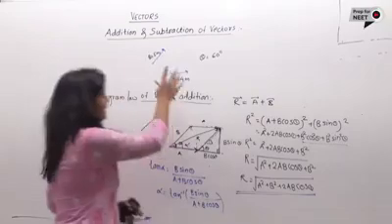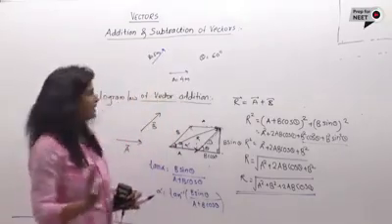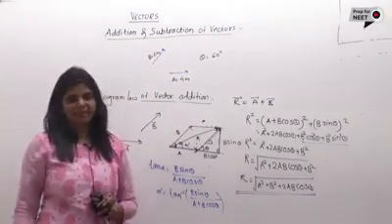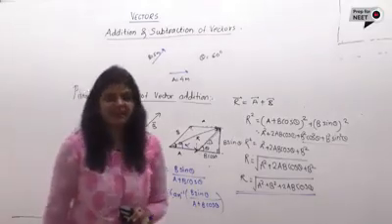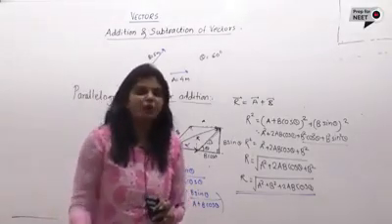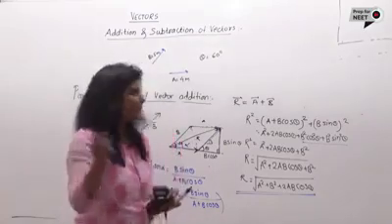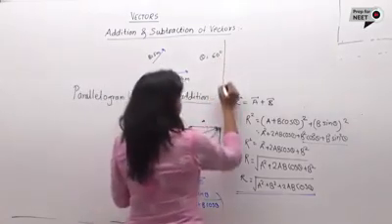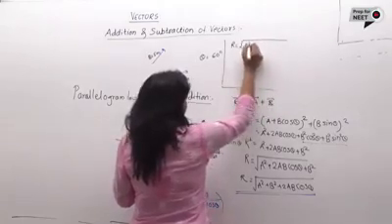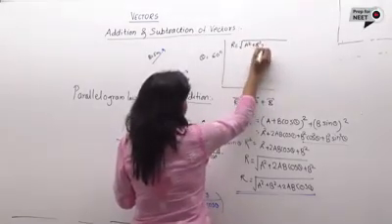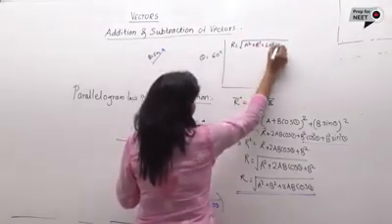Now, similarly, if the magnitude of one vector is 4 meter, the magnitude of the second vector is 5 meter, and the angle between them is 60 degree, then how to calculate the resultant? I'm going to simply use that formula. R is equal to under root a square plus b square plus twice ab cos theta.